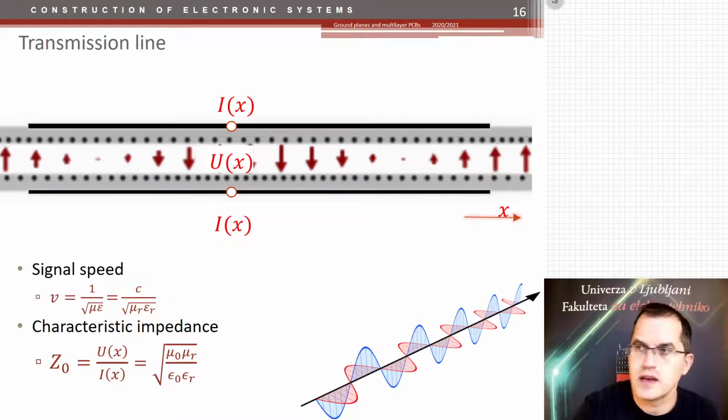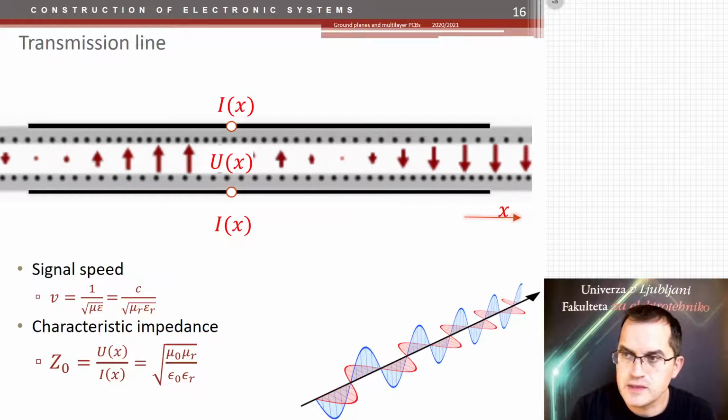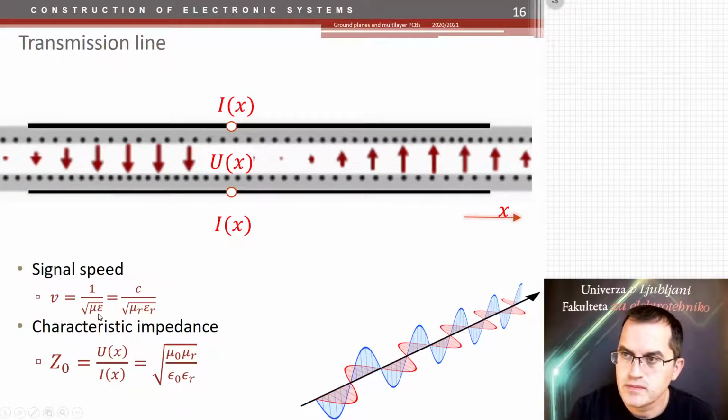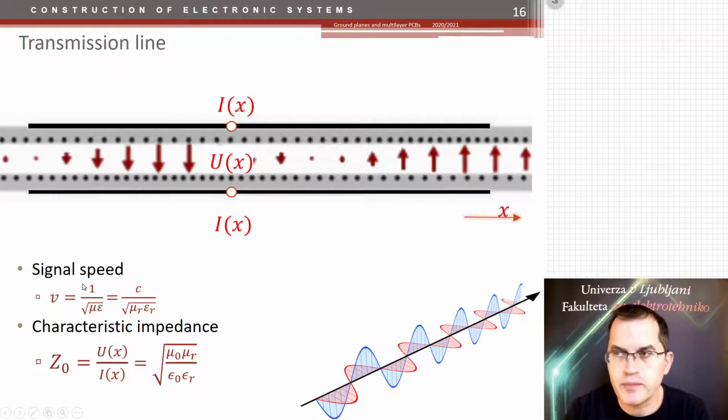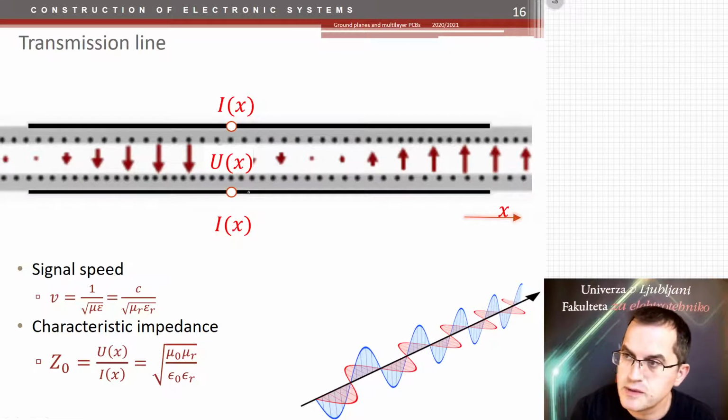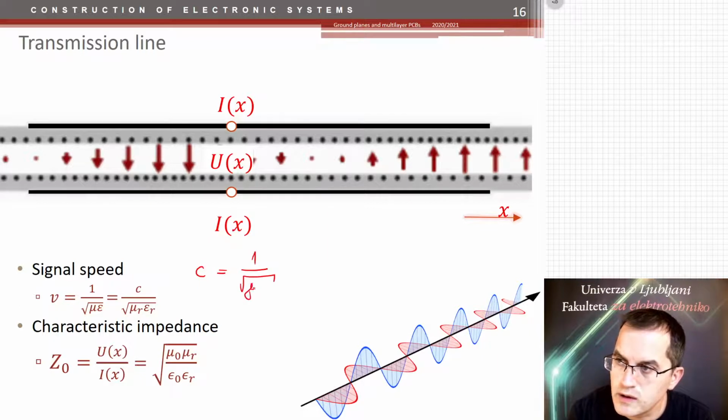And that wave has a certain speed. That speed is dependent on the material properties of the dielectric, its permittivity and permeability. The speed of light is 1 over square root of μ0 ε0. That can be translated to this equation.